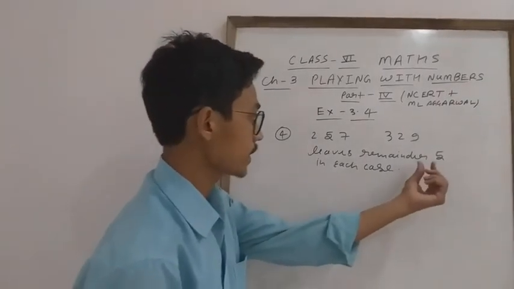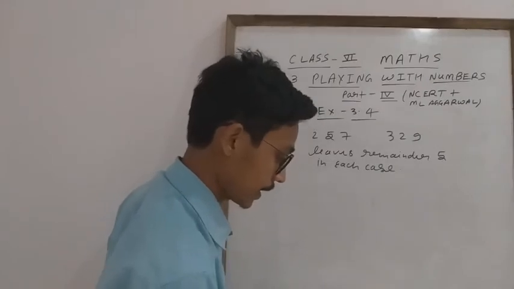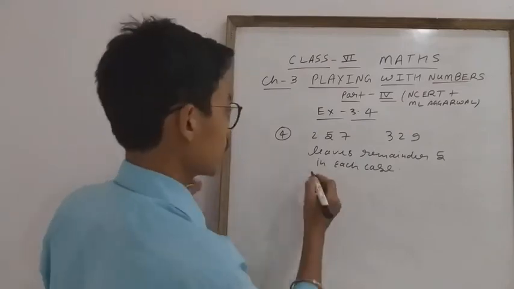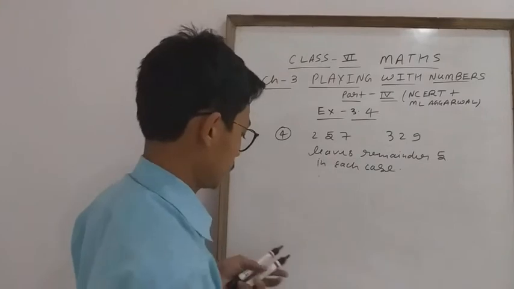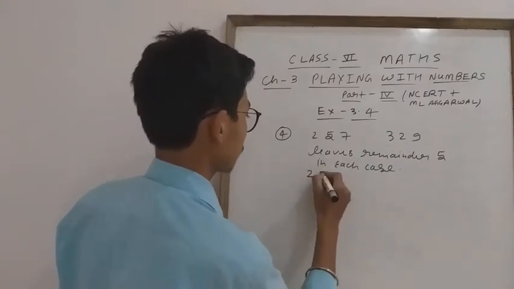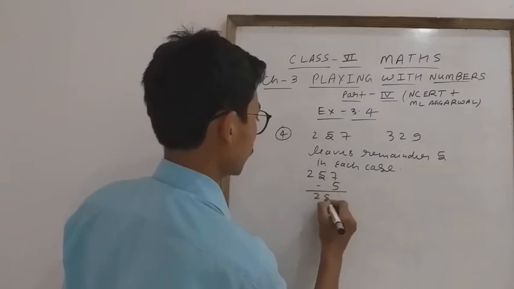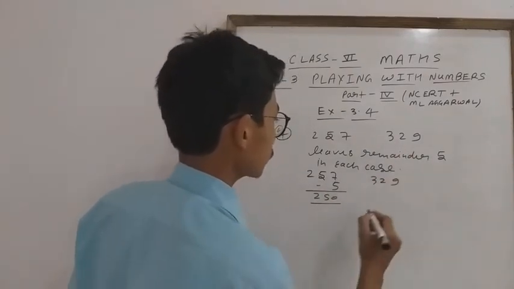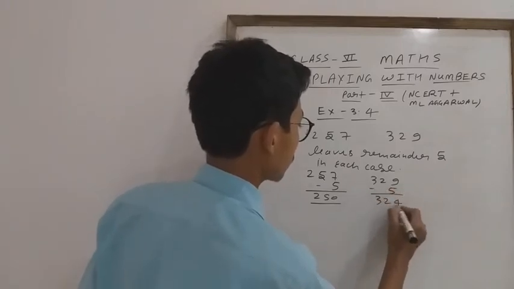First, see, it is given in the question that it leaves remainder 5 in each case. Clear, everyone? So first you will subtract this 5, because 5 is the remainder. Now 257 minus 5 will come 250, and 329 minus 5 will come 324.